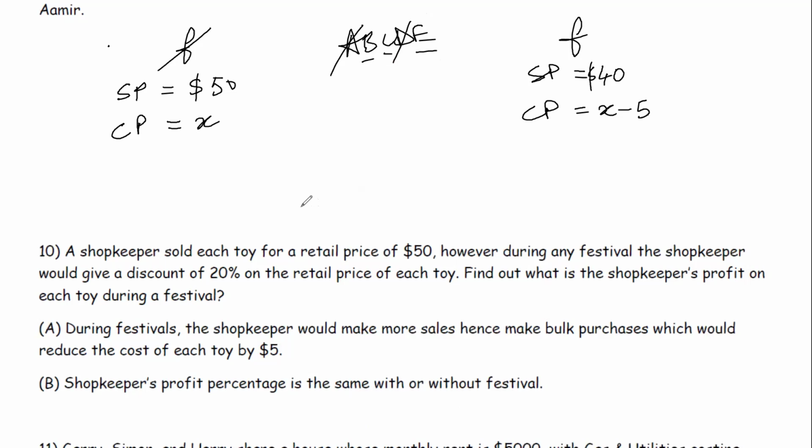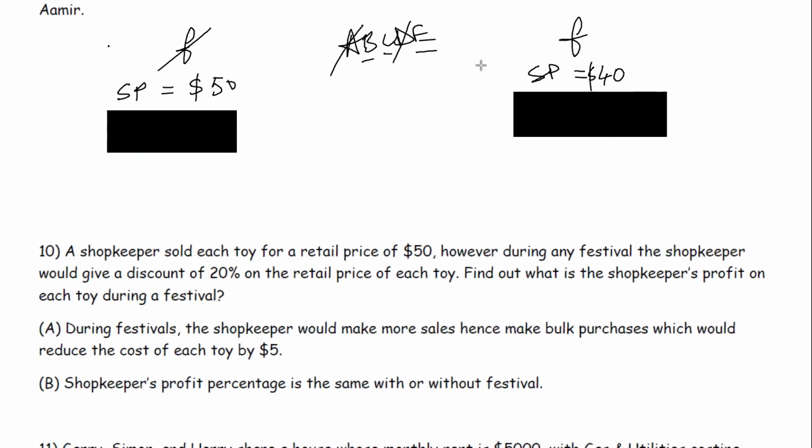Second statement: the shopkeeper's profit percentage is the same with or without festival. So for the time being, we'll hide this part. And this is what we know from the information, that the profit percentage is the same. When profit percentage is the same, profit is calculated on the cost price, right?